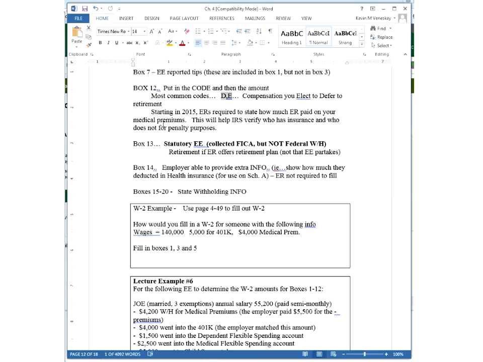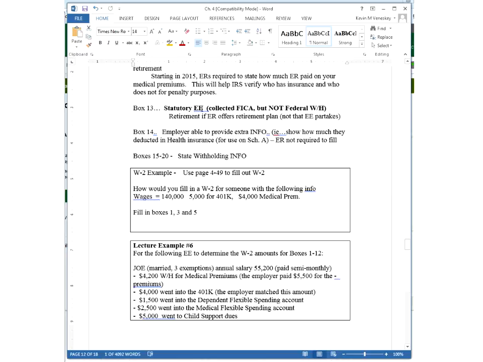Because if you remember, it is required now, beginning actually last year in 2014, to have medical insurance. If you don't have medical insurance, then you have to pay a shared responsibility payment, otherwise known as a penalty. If the employer puts on there how much they've paid in, that's telling the IRS that you've had insurance through your work, and therefore you don't need to be penalized.